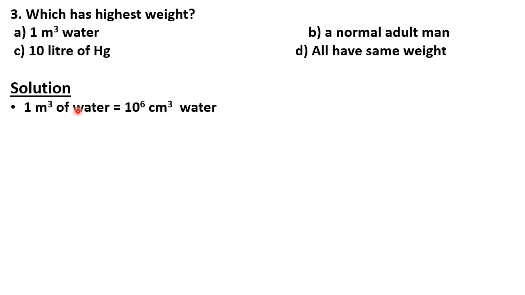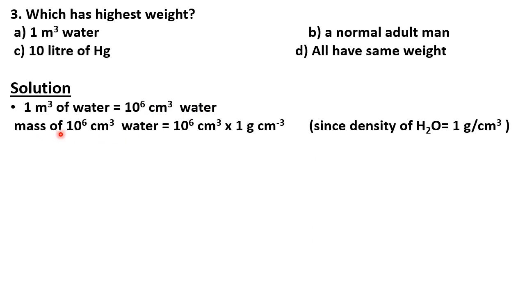First, 1 meter cube of water is equal to 10 to the power 6 cm cube of water. So the mass of 10 to the power 6 cm cube of water is 10 to the power 6 cm cube into 1 gram per cm cube. Mass can be calculated as volume into density, because density is equal to mass by volume, so mass is equal to density into volume.